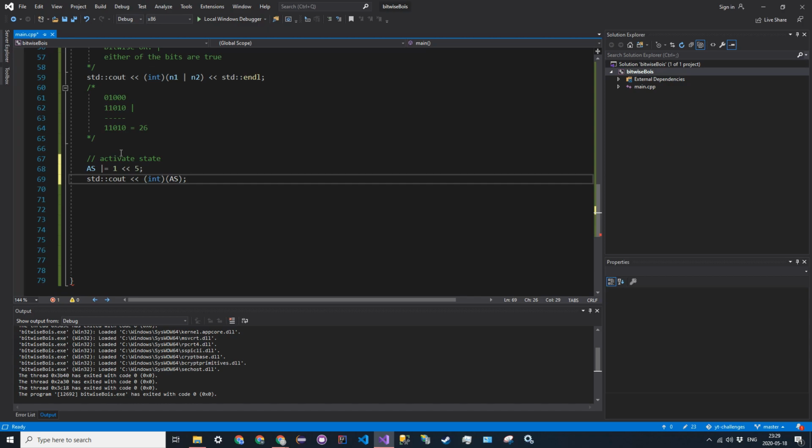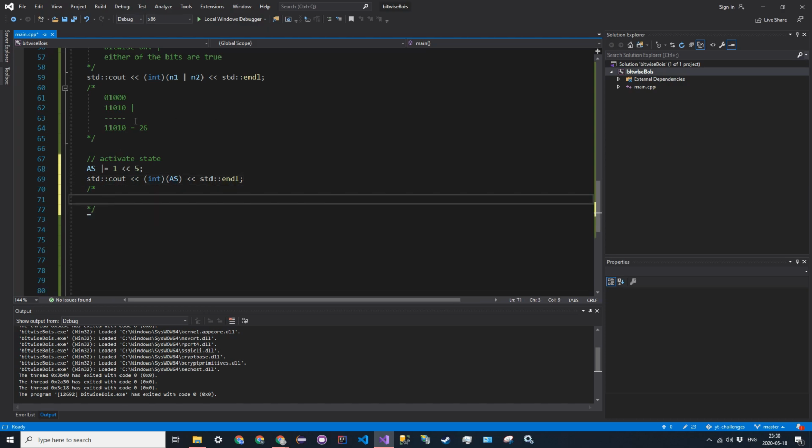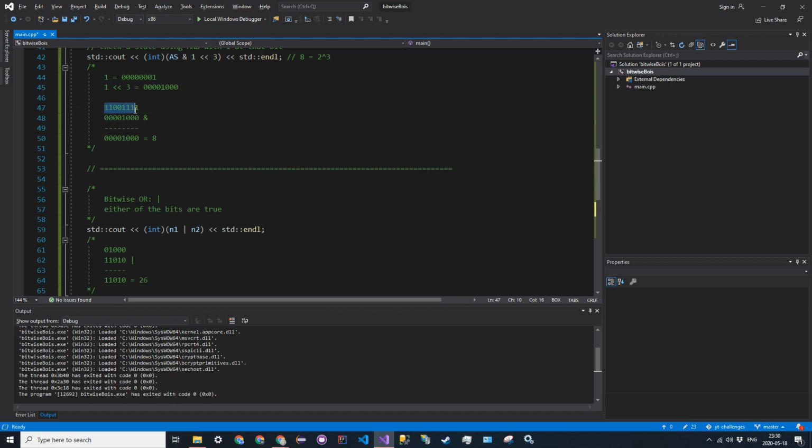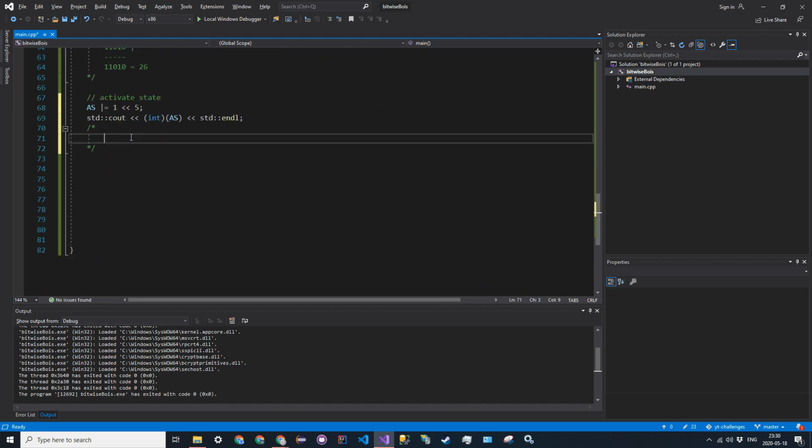AS. And what we should get, I just have my reference over here, but let's just write this out. So AS is this, and we are bitwise ORing it with 1 shifted over by 5. So 1, 2, 3, 4, 5, and then shift it over like that.